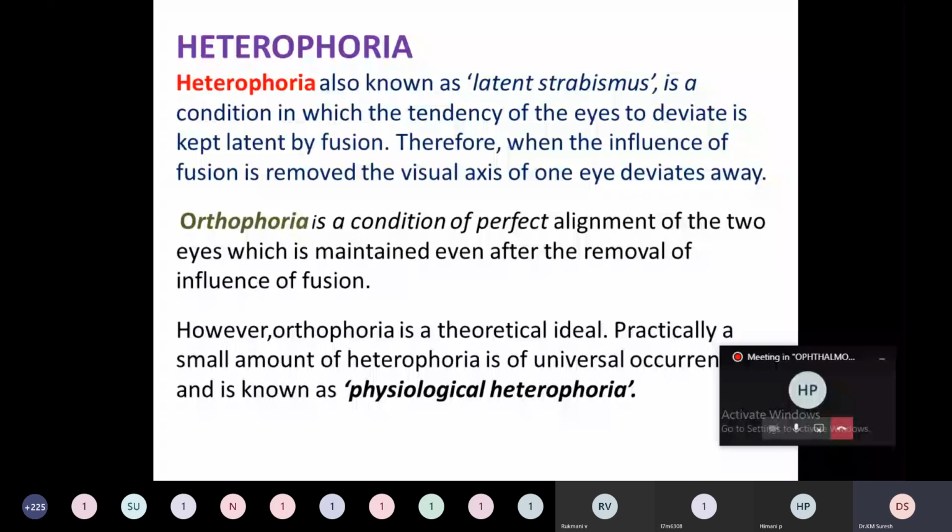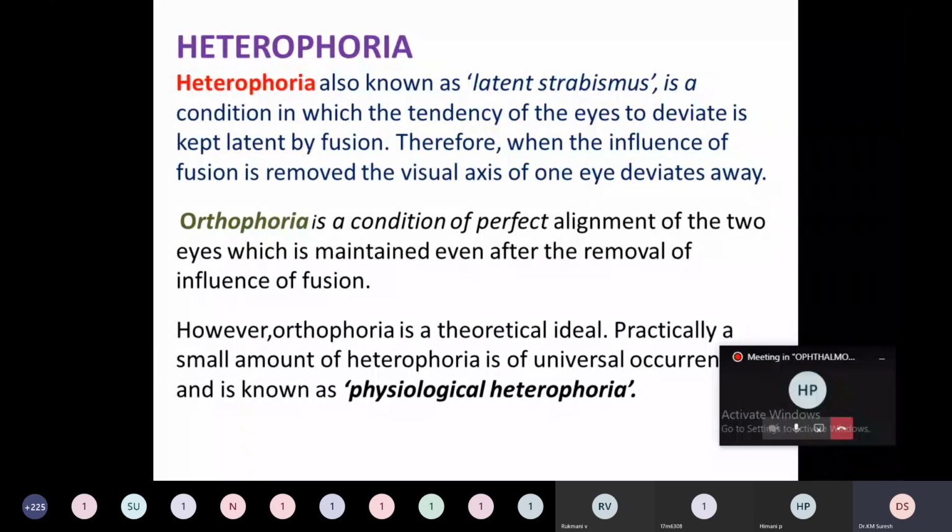Orthophoria is a condition of perfect alignment of the two eyes, which is maintained even after the removal of the influence of fusion. Even if you bring an obstruction in front of one of the eyes, the visual axes of the eyes will be parallel to each other, and this condition is referred to as orthophoria.